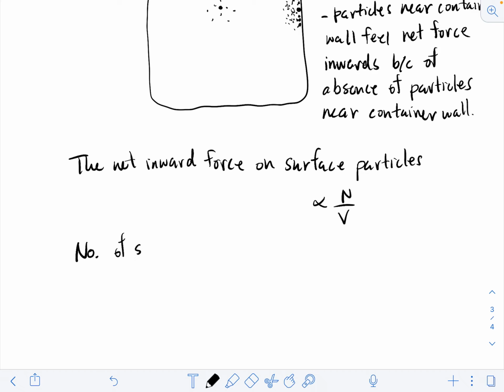So the number of surface particles is also proportional to the density.